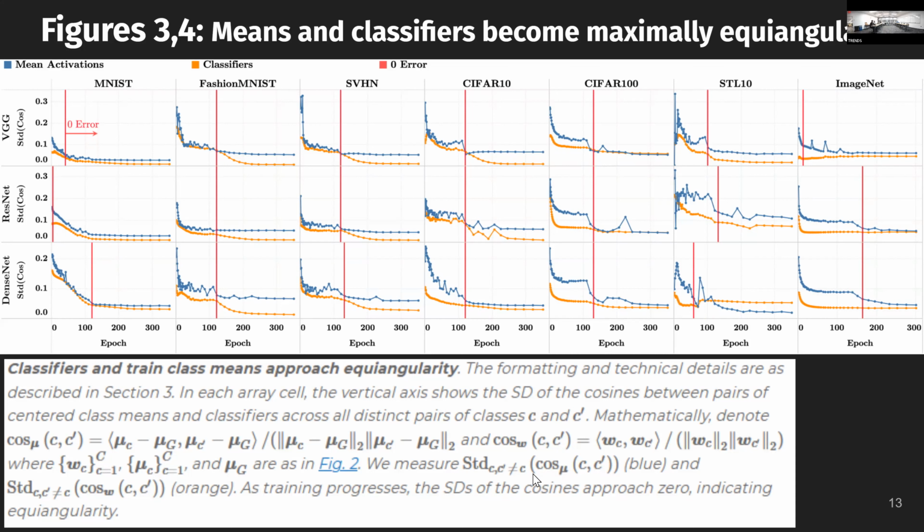They're put into the classifier, and again they're showing that these cosine angles, or rather the variation of these cosine angles, goes to 0 again, so they're equal.